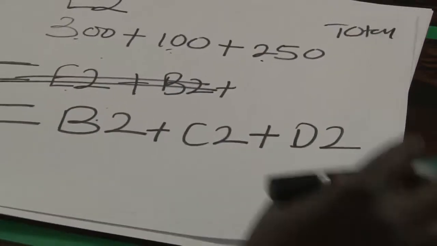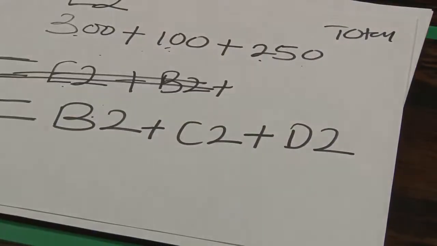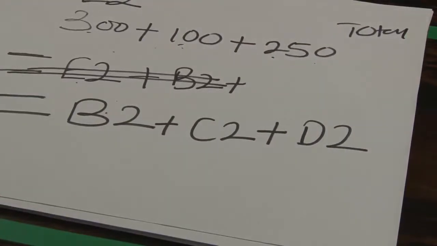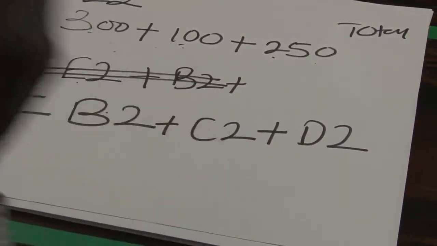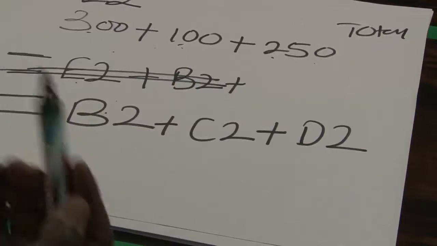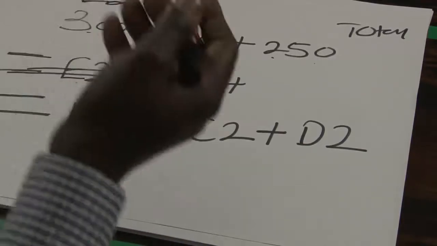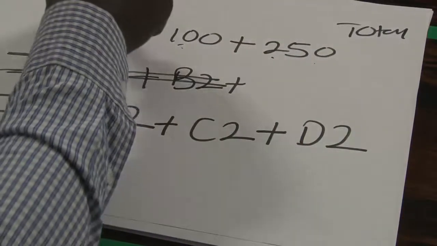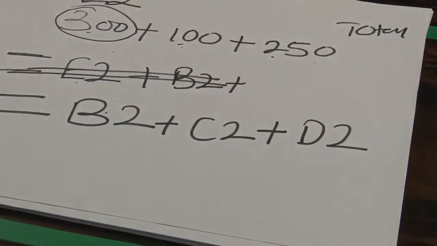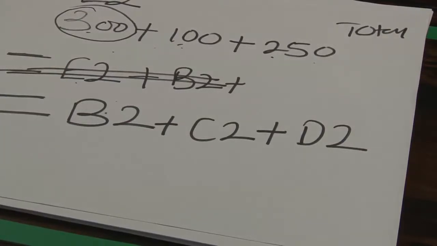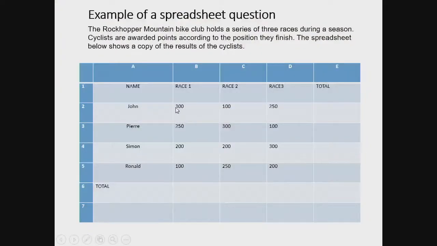So you don't use the numbers. You use the cells where the numbers are. I'm looking for the total for John. John is 300 plus 100 plus 250. But where is this 300? Let's go back to the table. Here is the table. Can you see this 300? It's in cell B2.